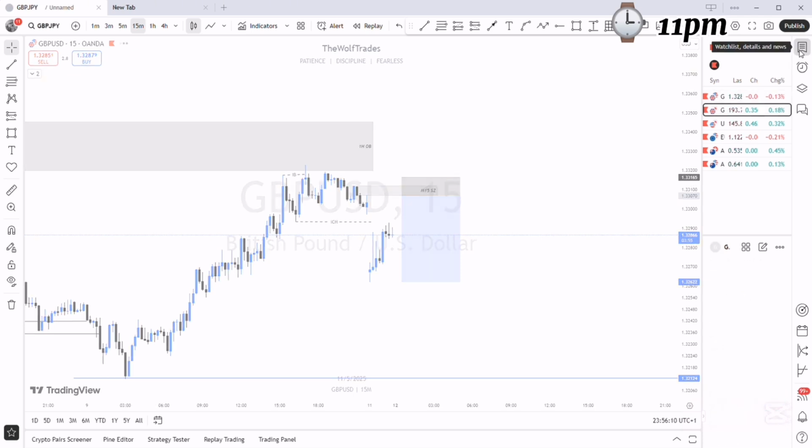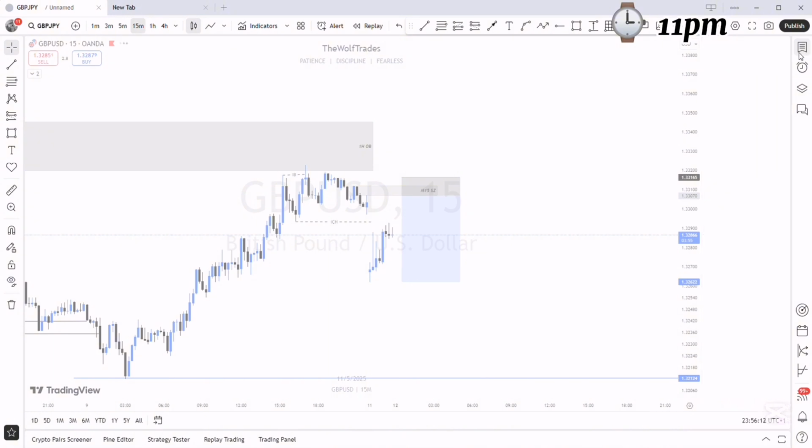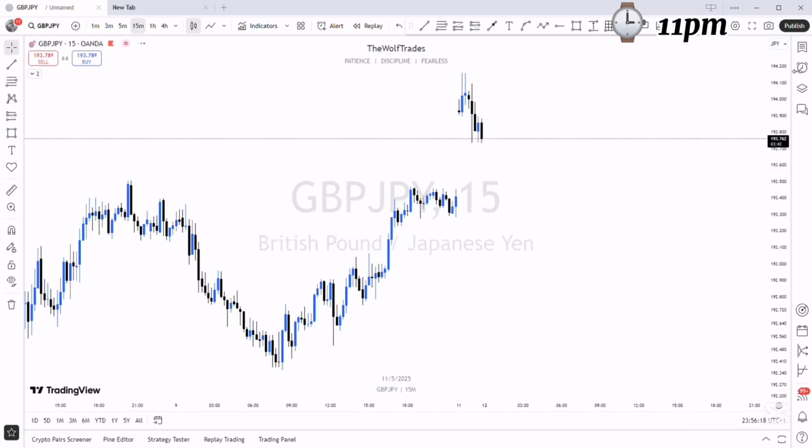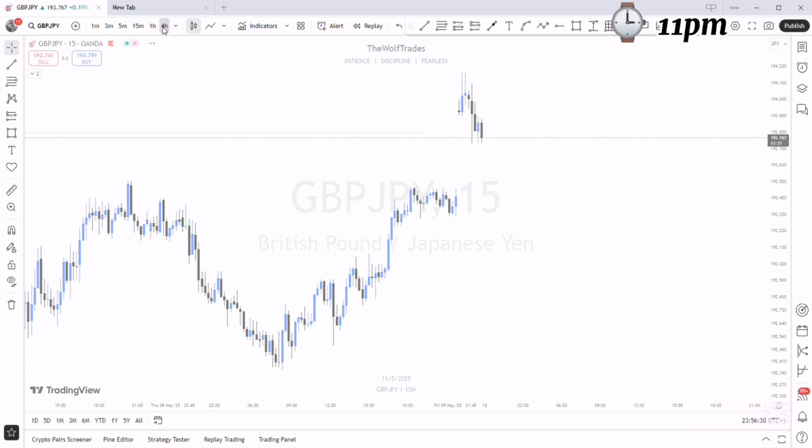So let's move to the other pair. Alright, so on GBP/JPY, I have to go back to the 4-hour time frame to check what the market is doing on the 4-hour time frame.